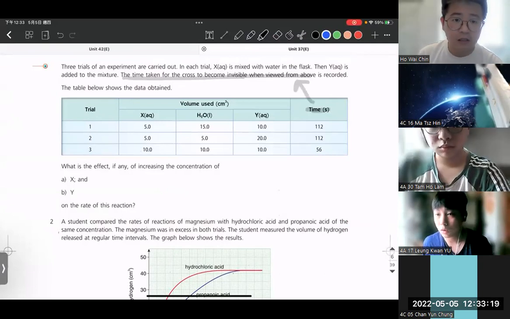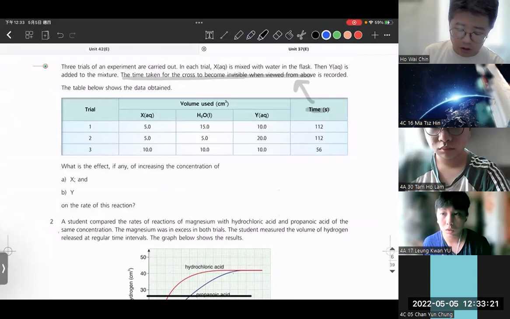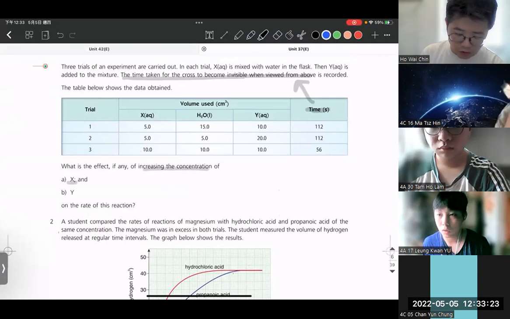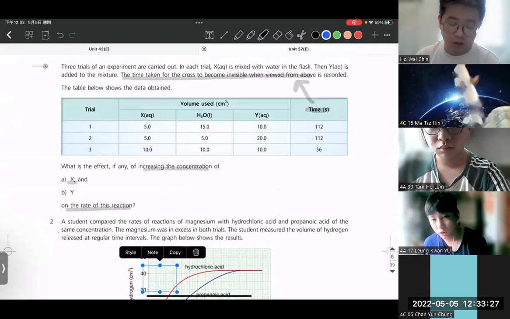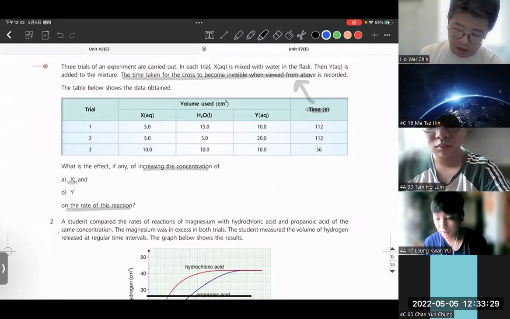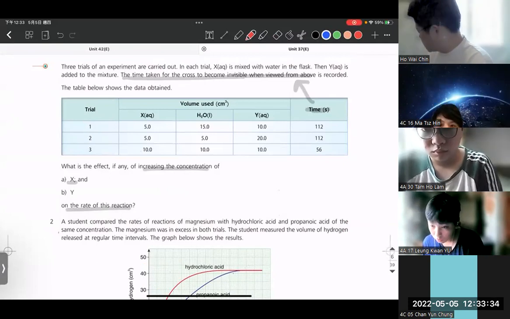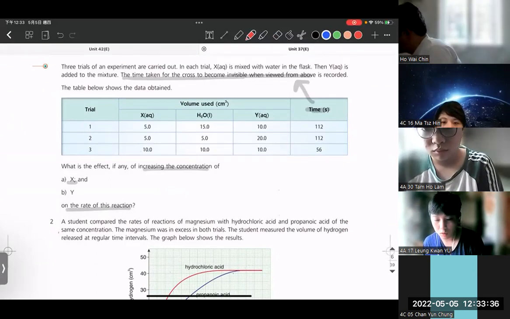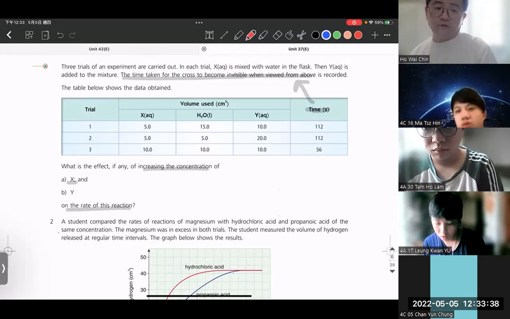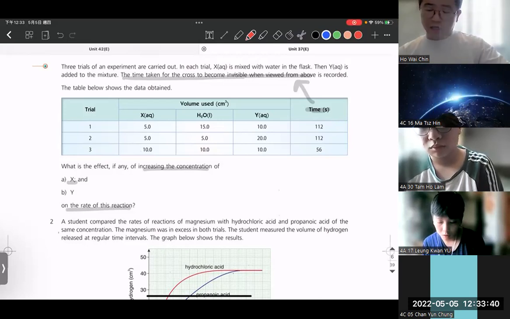What is the effect, if any, of increasing the concentration of X on the rate of reaction, and of increasing the concentration of Y on the rate of reaction? Just like yesterday, right? We have 3 sets of data. Which data should be chosen for you to answer A?